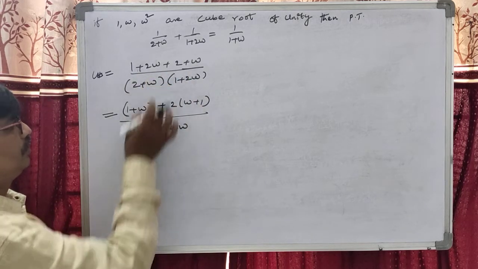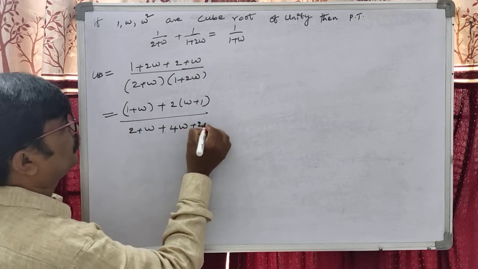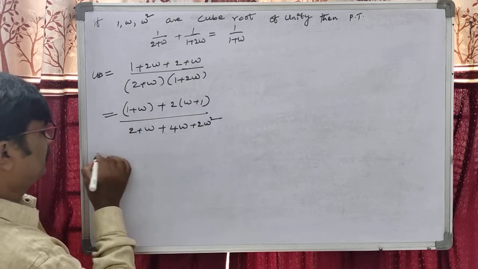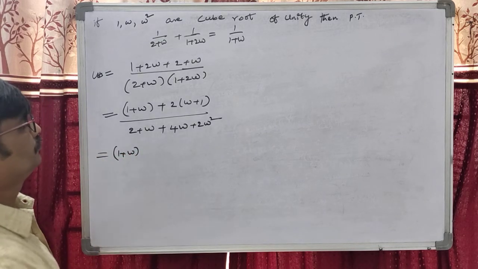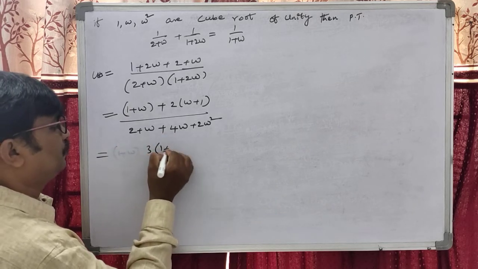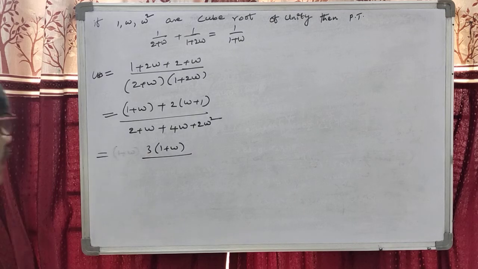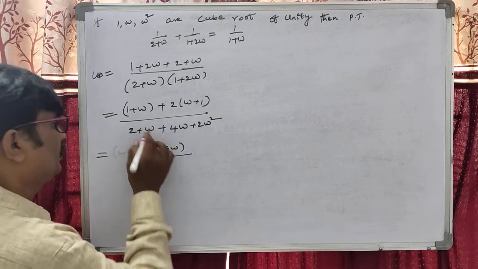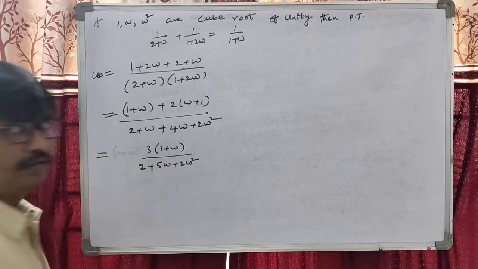First multiply with 1, 2 plus omega, this is 4 omega, after that 2 omega square. Now 1 plus omega is common. So 1 plus 2 is 3 into 1 plus omega. This can be written as 2 plus 5 omega plus 2 omega square.